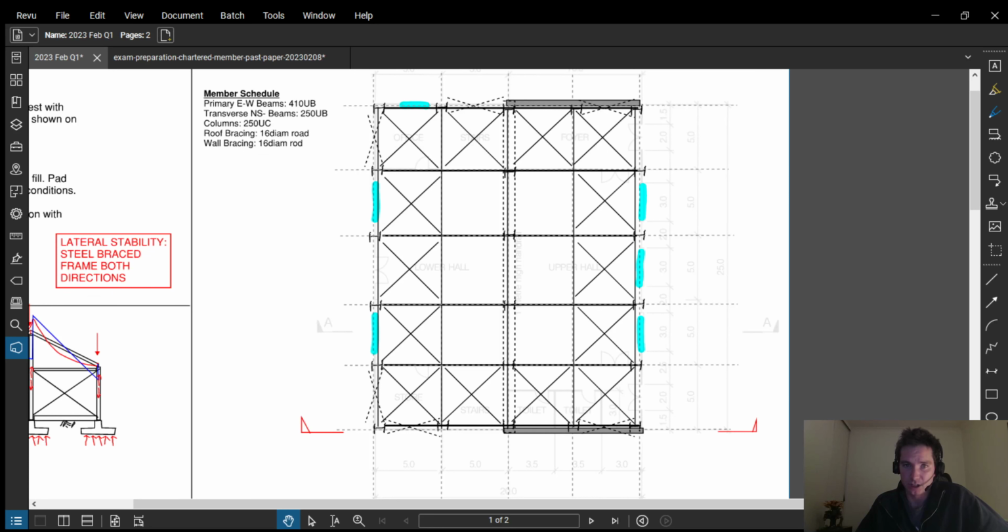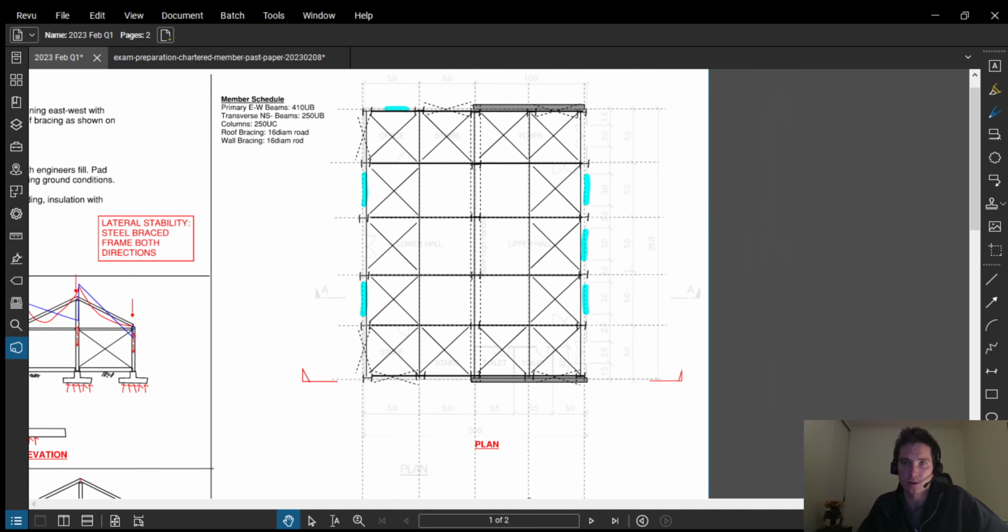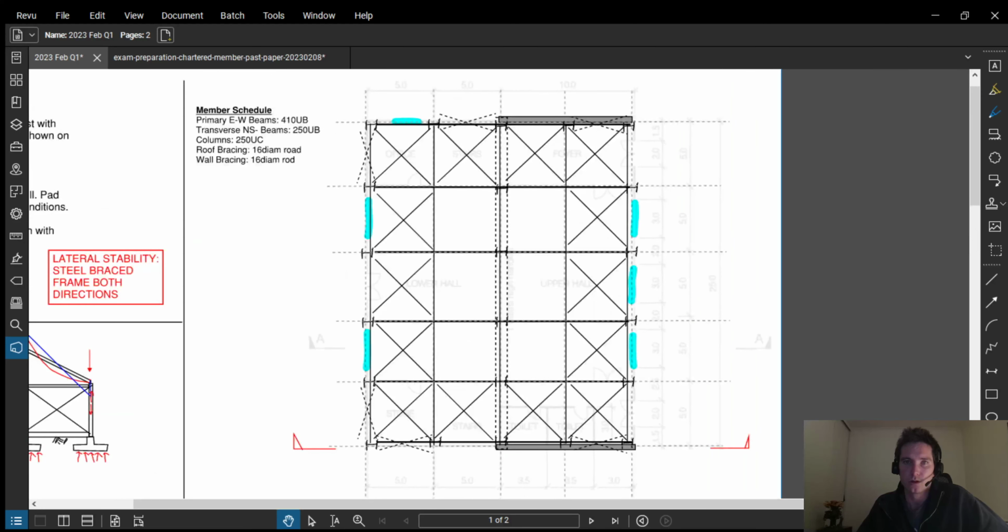In the north-south direction, spanning 5 meters, I got a much shorter span, so shorter members, 250 UBs running up and down the page. My columns are 250 UCs, and my roof and wall bracing, as shown here, are just some 16 diameter rods.